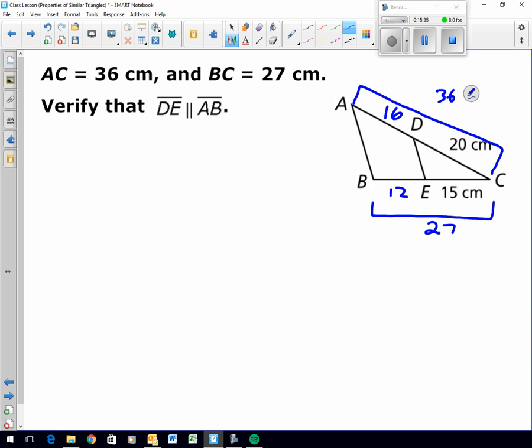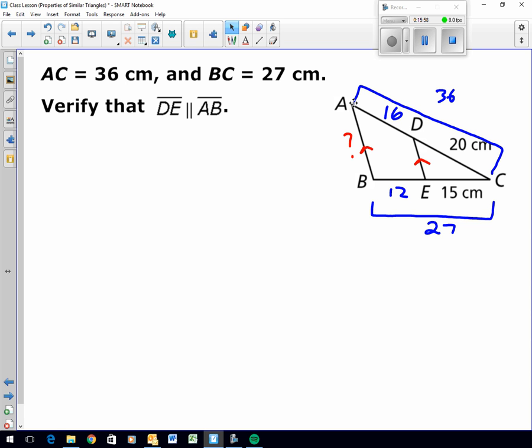Now we get to the real stuff. Let's start this problem. Verify that DE is parallel to AB. That's what I'm trying to do. Before we even begin, let's make sure everybody knows what we're trying to do here. How would I have to verify that those are parallel?